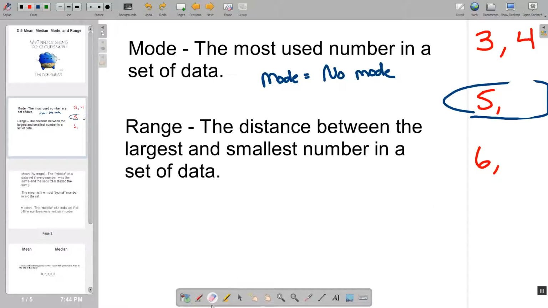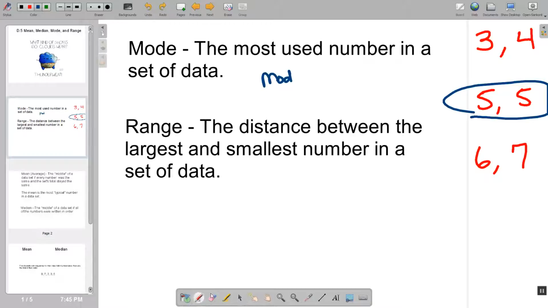One other example of the problem could be if this set of data was 5 and 5, and then this turned into 6 and 6, you can actually have the mode be more than one number. So the mode here could be 5 and 6. That would actually not be a problem at all. So when we're looking at mode, it's the most used number in the set of data, and it can be more than one number. So let's try to undo everything I did here so we can get the set back to where it started. There we go.